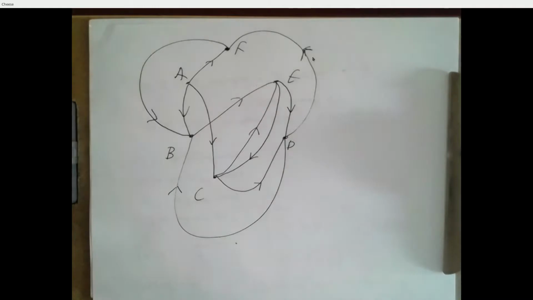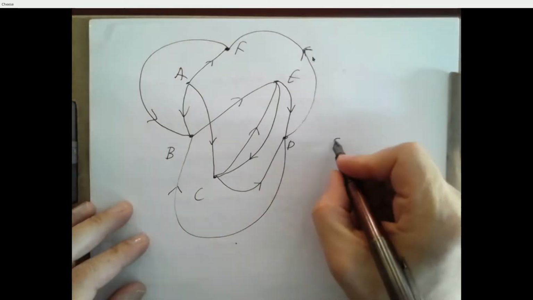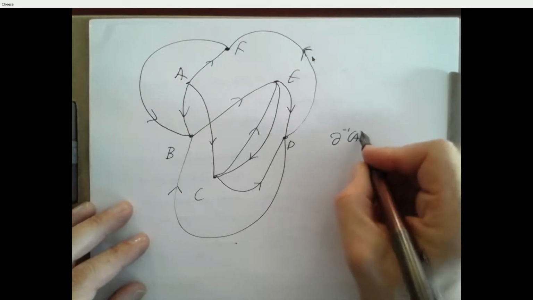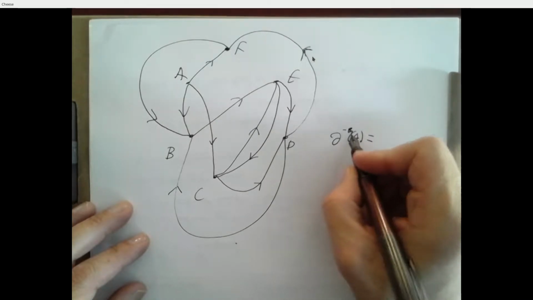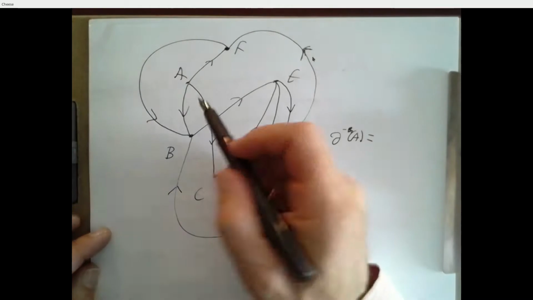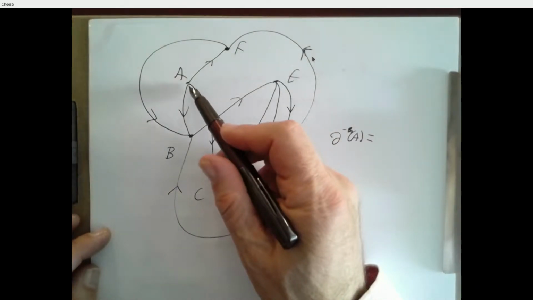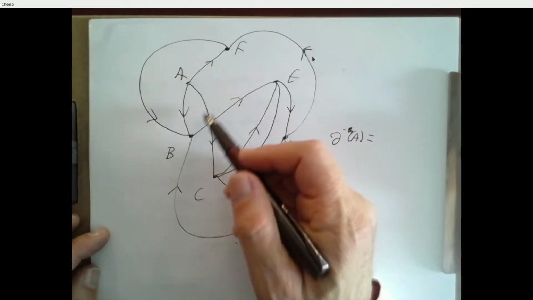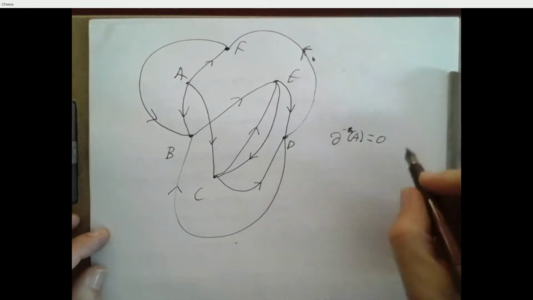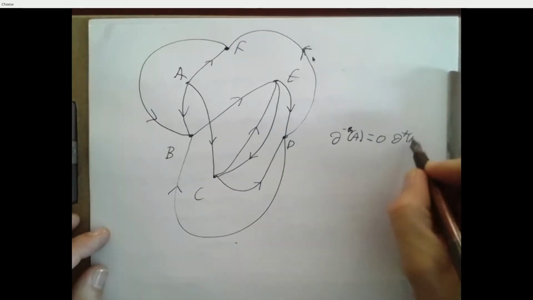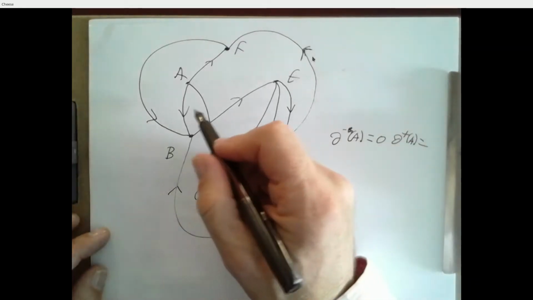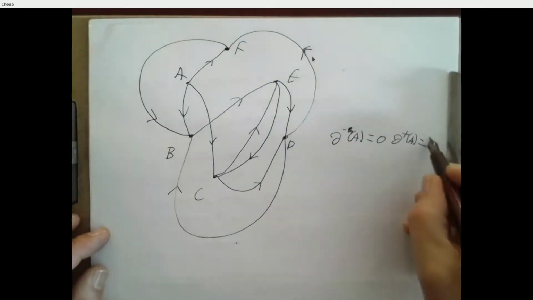All right, so let's find the in degrees. Number of things going into A, and looks like that's 0. Everything's going out. So the out degree of A is 1, 2, 3, right?